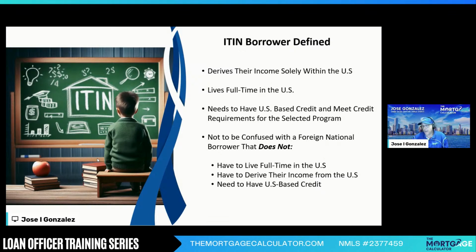But I would say 99.99% of the options out there do not require foreign nationals to have U.S.-based credit. But you see, foreign nationals are totally the opposite of ITIN regarding what one needs to have and the other doesn't. The only attribute that they share is the fact that neither has legal status in the U.S. to reside permanently in the U.S. That's why the ITIN borrower has the ITIN document.